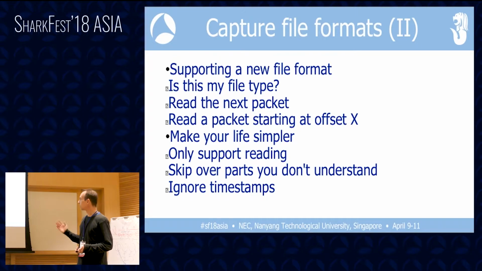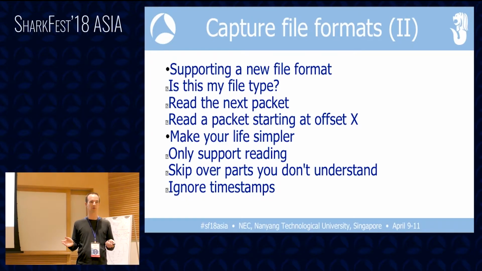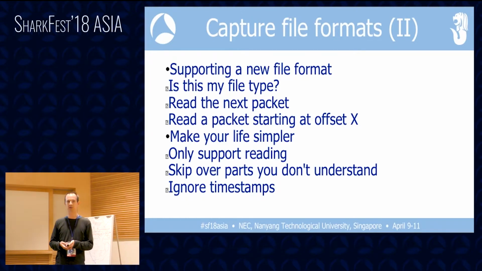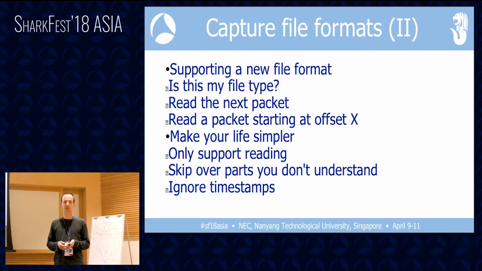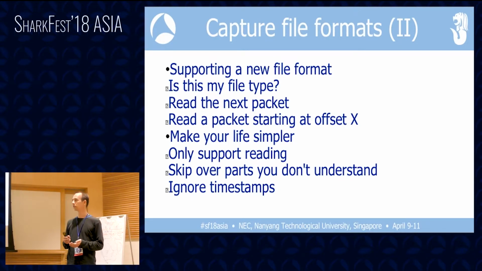So basically what you have to do, the indentation got a bit messed up, is provide three routines. The first one is to detect: is that my type of file or not? Most files have some file header, so they're easy to recognize. Otherwise you have to go through and look at the first bits of data to see if that makes sense.